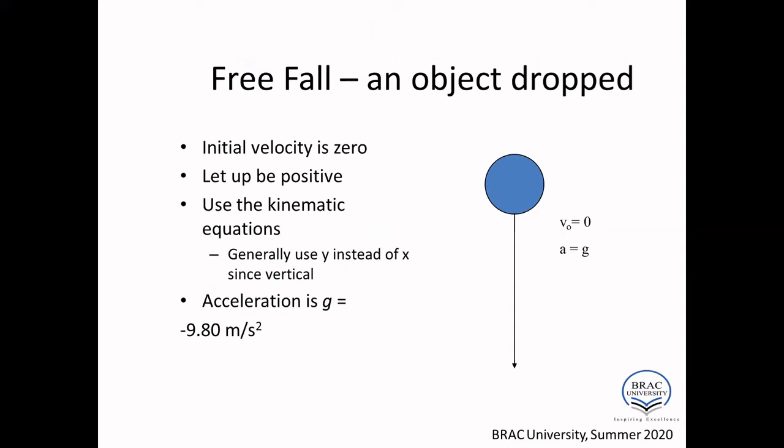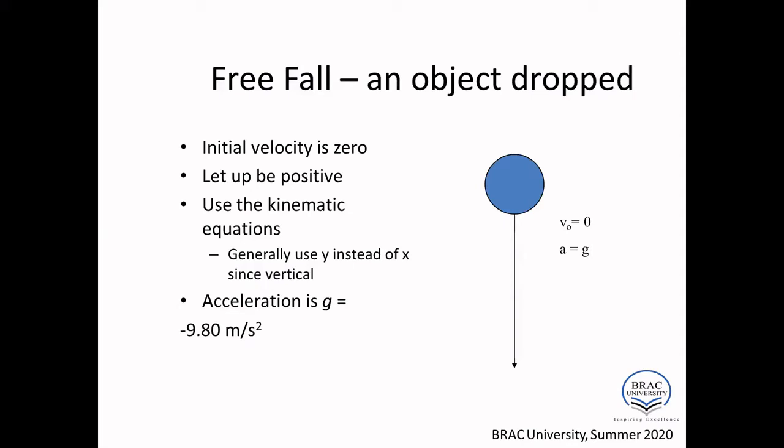Initial velocity is 0, upward direction is considered positive and downward direction is negative. So acceleration g is equal to minus 9.8 meters per second square. In this case, the equations of motion can be written by replacing x, or s, by y, and y will be negative. Replace acceleration by minus g.